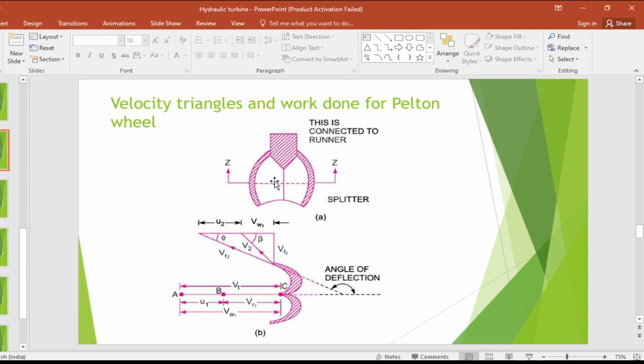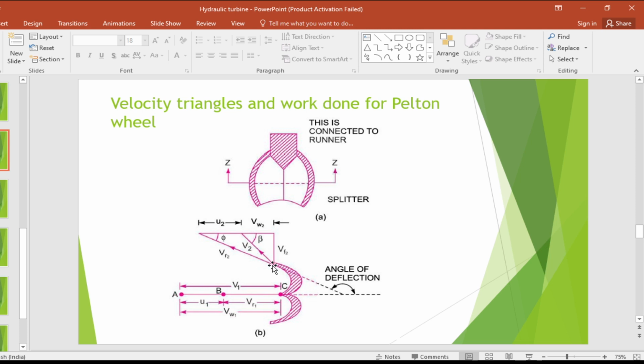at the z axis. This dotted portion is shown here at the z axis. Now the splitter is the inlet tip and the outer edge is the outer tip or the outlet tip of the bucket. The jet of water will strike here, so this will be the inlet tip, and after gliding, the water will come out at the outer edge of the bucket.